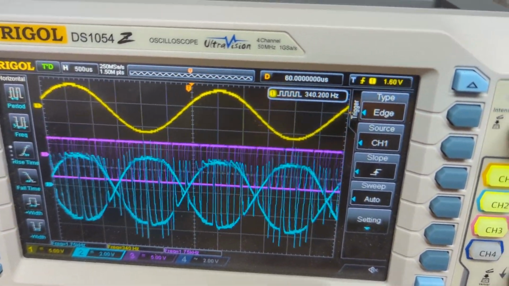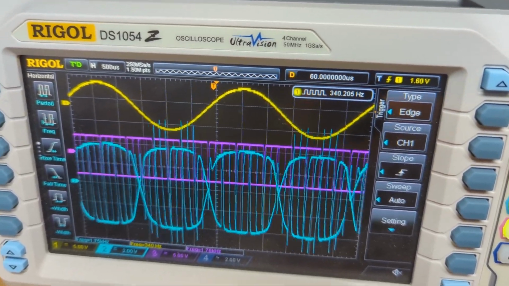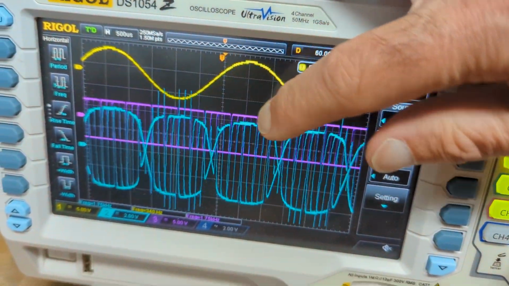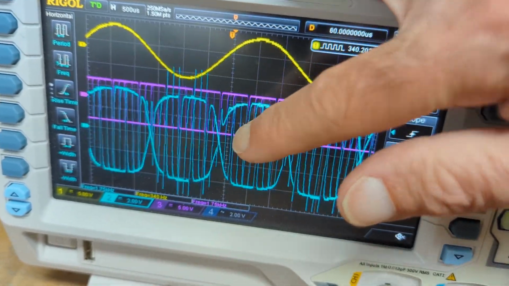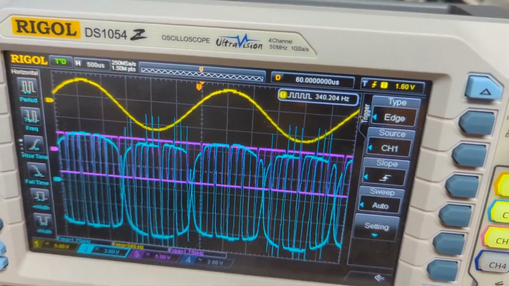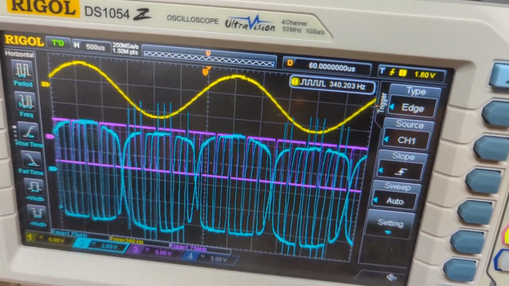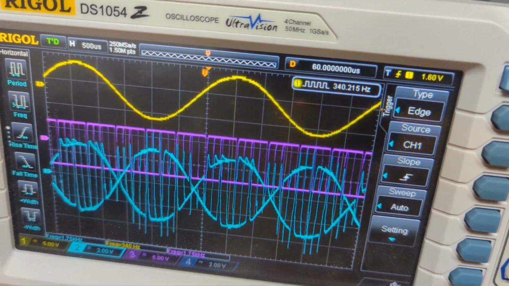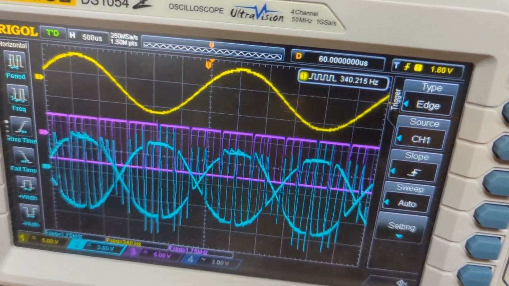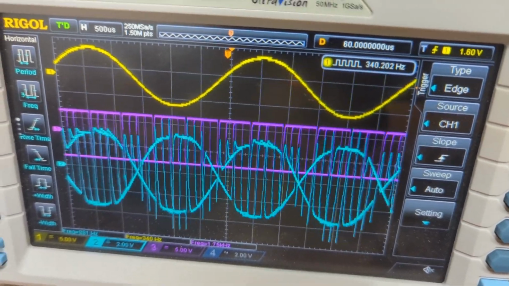If I try to turn up that signal, what you can see is this becomes distorted. It's no longer the sine shape, it gets flattened out. And if I crank it up more and more, it just gets more and more distorted like that. So if we want to preserve that sine shape, we need to keep that signal pretty low.